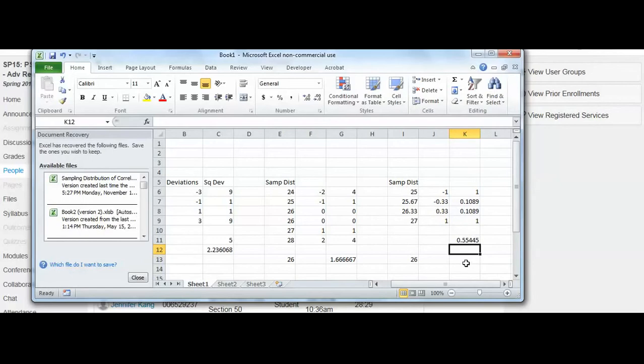And then we can get the square root, which is equals SQRT. So the standard deviation comes out to 0.744 for this set of numbers right here, for the sampling distribution with n equals 3.